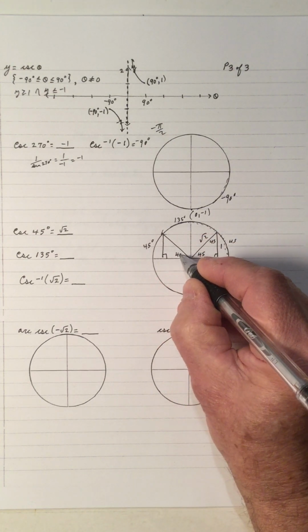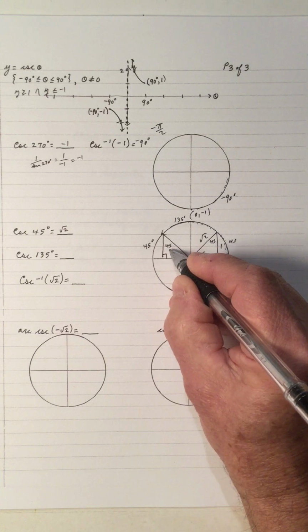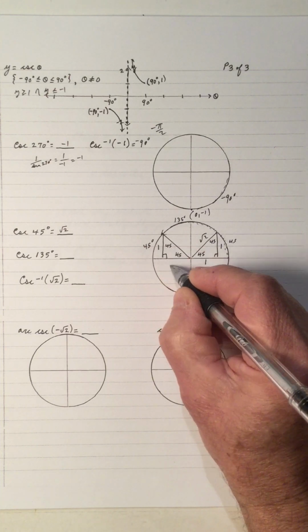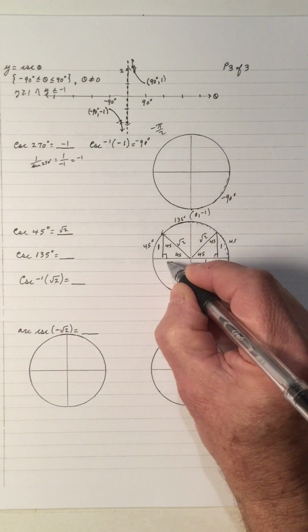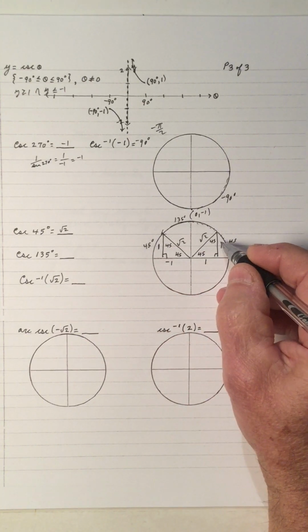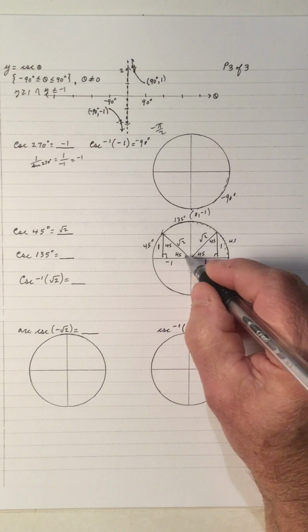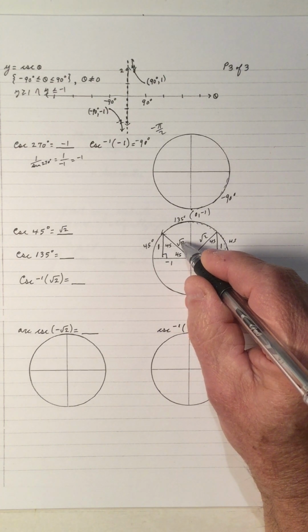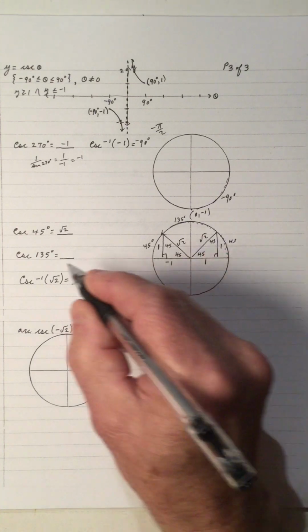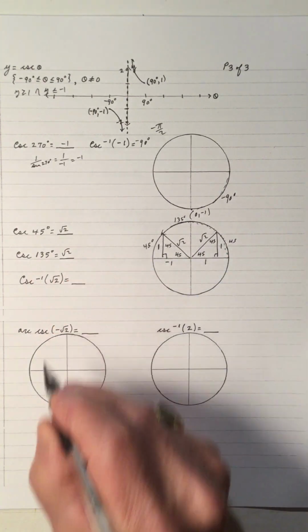So this is a 45 reference, 45, 90, so this is a 1, 1, root 2. The y is positive and the x is negative. And again, the reciprocal of sine is 1 over root 2. So cosecant is hypotenuse over opposite, which is root 2 over 1, or just root 2.